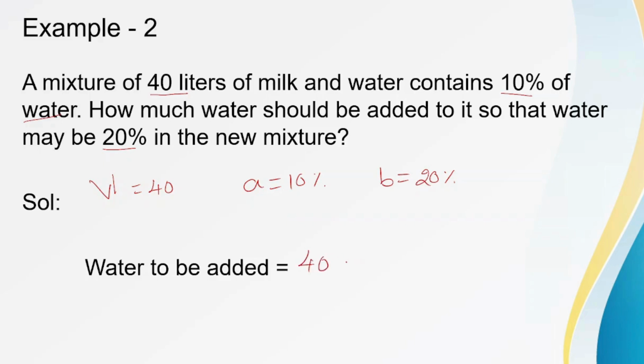That is 40 into (20 minus 10), which is 10, by (100 minus 20), which is 80. So on cancellation, 4 ones are 4, 2 twos are 4, 2 fives are 10. So the water to be added is 5 liters. So directly you can use this calculation.